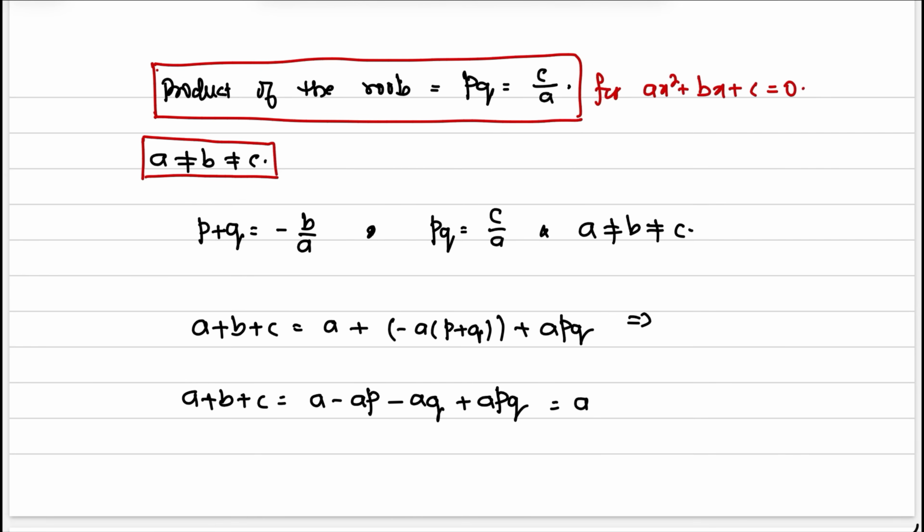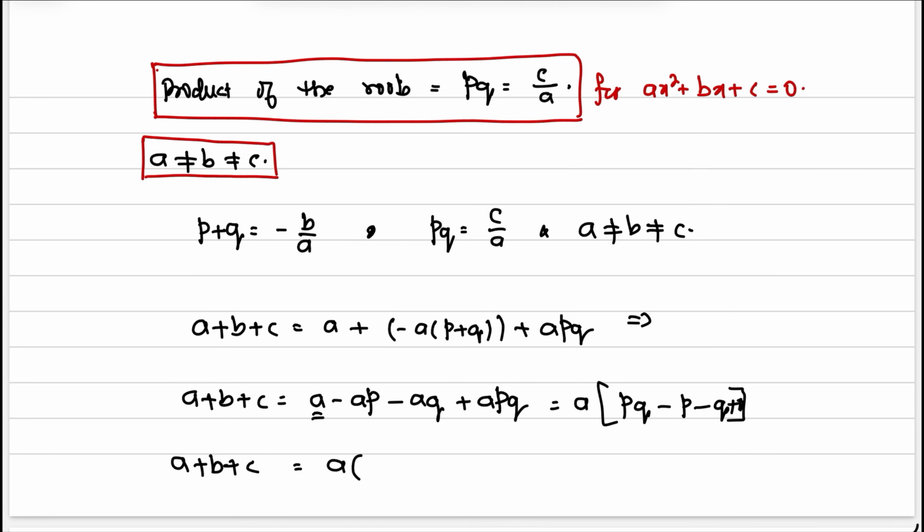Can we take A as common here? PQ minus P minus Q. That can be written as A plus B plus C is equal to A into PQ minus P minus Q plus 1, because 1 is also there.